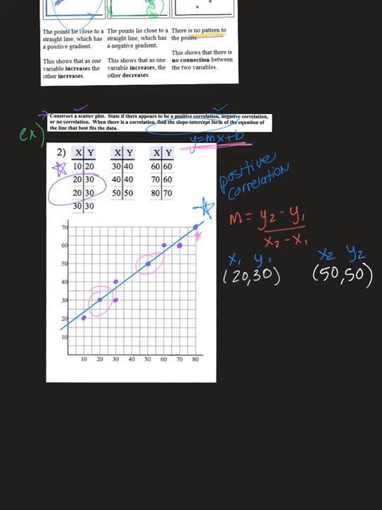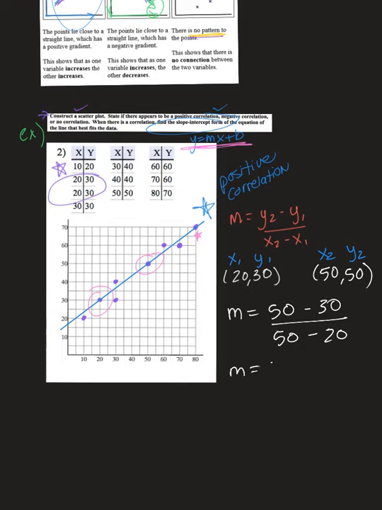Then we can take those values and plug them in for our slope. So m is equal to y2, which is 50, minus y1, which is 30, over x2, which is 50, minus our x1, which is 20.